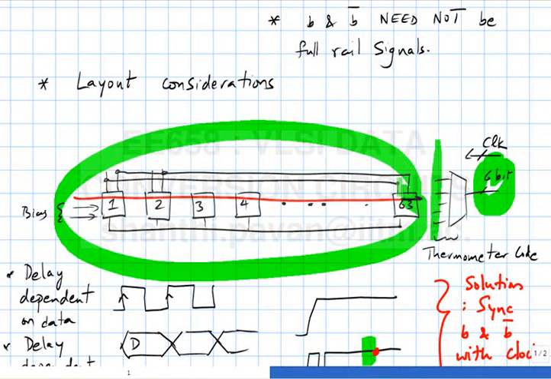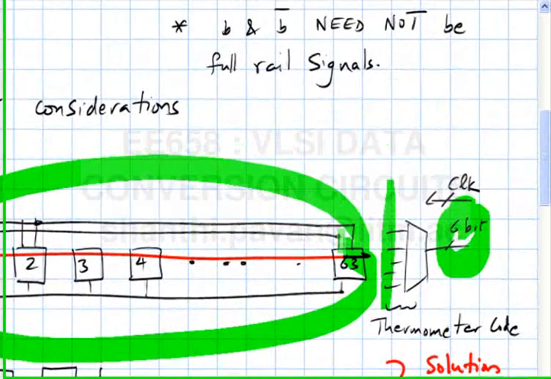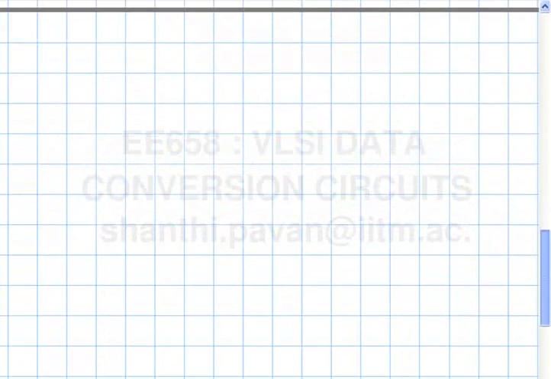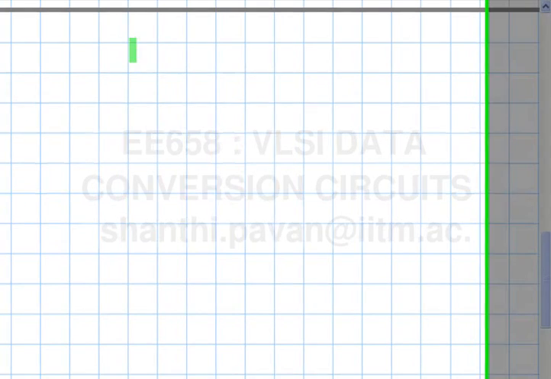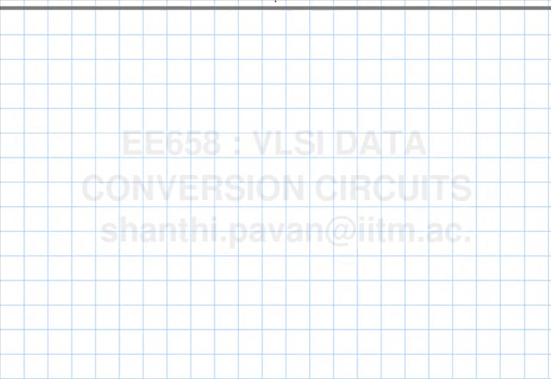So as you can see, the idea is to not lay things out in a straight line like this, but as a rectangular array, or a square array. So in other words, let me take an example of a 6-bit converter again.